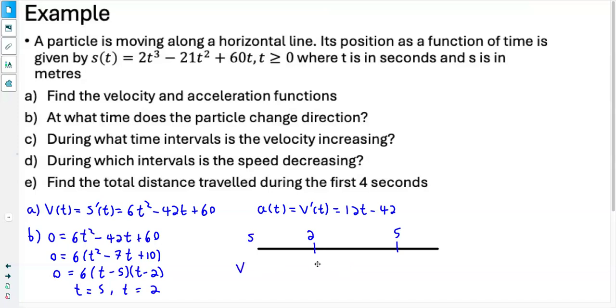Okay, so we know at a time of 2, our velocity is 0. At time of 5, our velocity is 0.